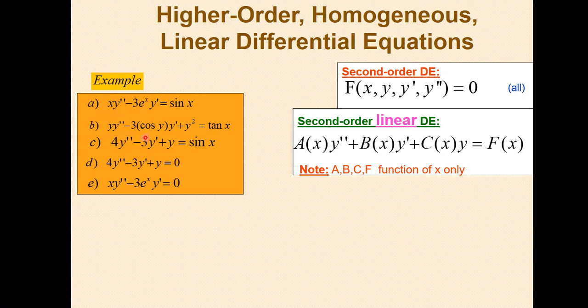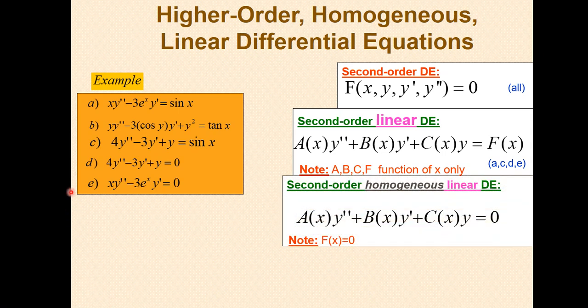This one is not okay. This one is also okay. Same thing with this. Same thing with this. So, let's check if that is correct. Now, your examples A, C, D, and E are second order and linear because A, B, C, F are functions of x only or could be constants.